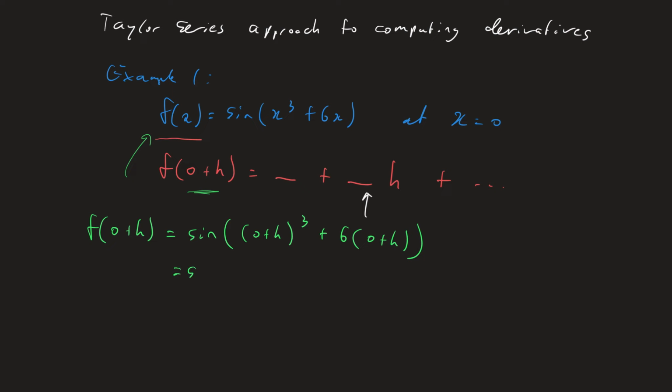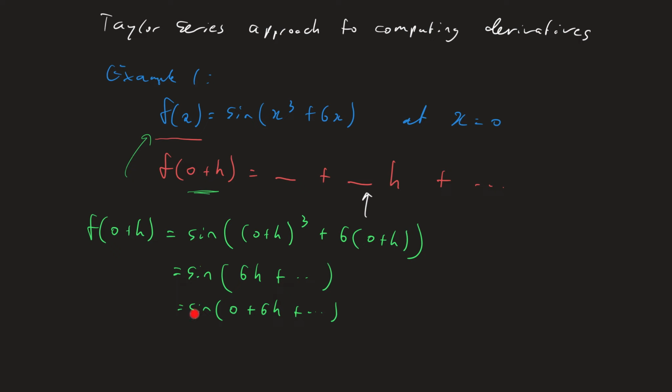This means the h cubed term is a higher order term we can ignore, so we just have sine of 6h plus dot dot dot. When doing this for the first time, it's probably better to explicitly write this as 0 plus 6h plus dot dot dot. So we are keeping the first two terms of the Taylor series.